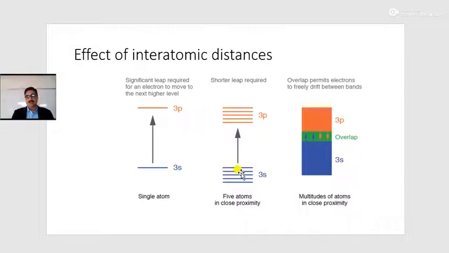Similarly here, the corresponding band is called valence band, and the corresponding one is called conduction band. And the difference between them is called energy gap.